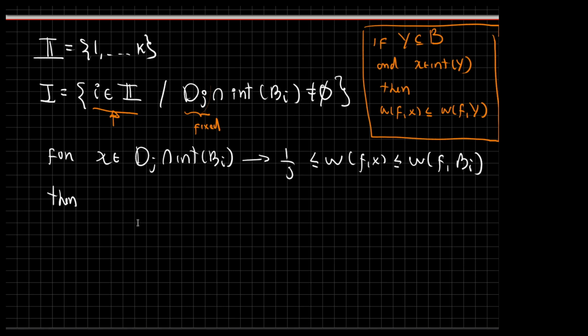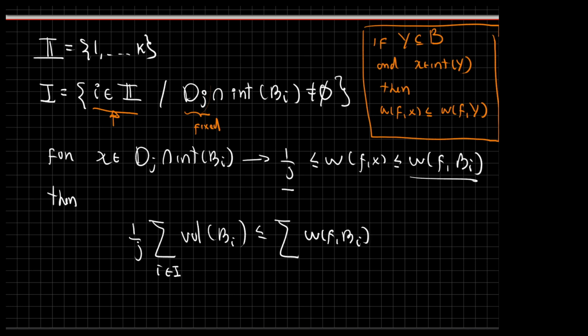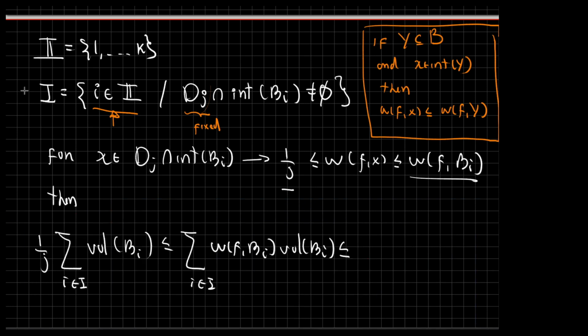So continuing, we can say that, multiplying this term by the volume of the subblock, this here will be less or equal than these variations times the volume, and this is less or equal than the whole sum.